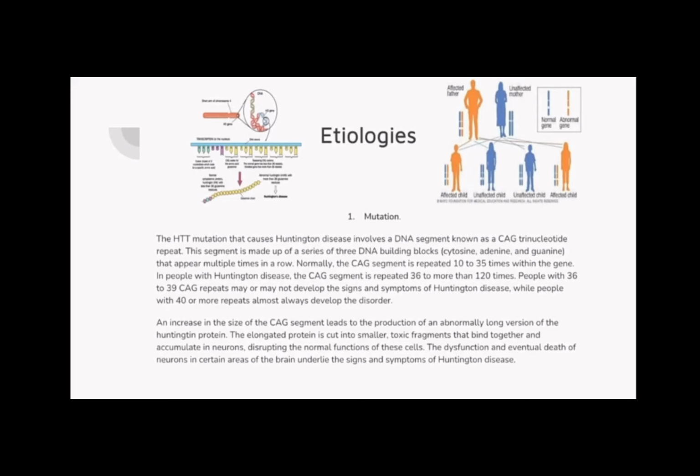Normally, the CAG segment is repeated 10 to 35 times within the gene. In people with Huntington disease, the CAG segment is repeated 36 to more than 120 times. People with 36 to 39 CAG repeats may or may not develop the signs and symptoms of Huntington disease, while people with 40 or more repeats almost always develop the disorder.